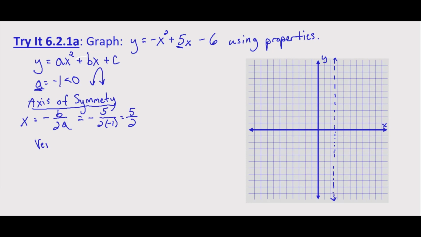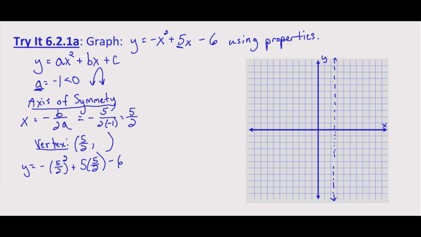What else does this tell us? Well, it tells us that that is the x-coordinate of the vertex, and how we find the y-coordinate of the vertex is we substitute that for x. So y equals -5 halves squared plus 5 times 5 halves minus 6.